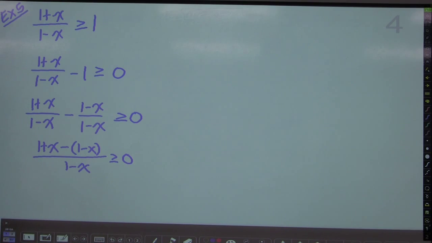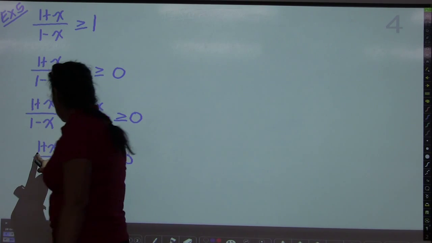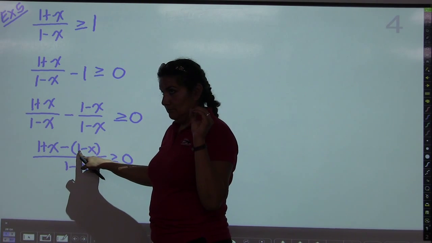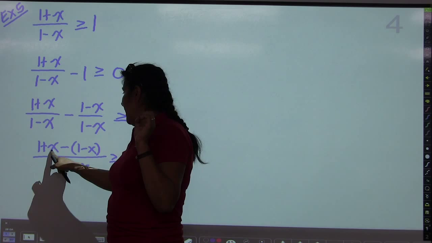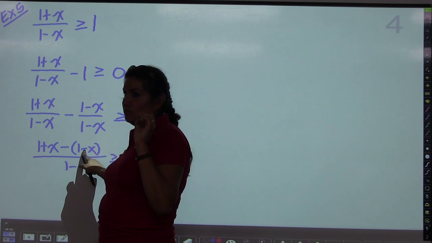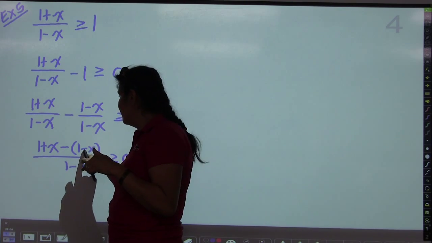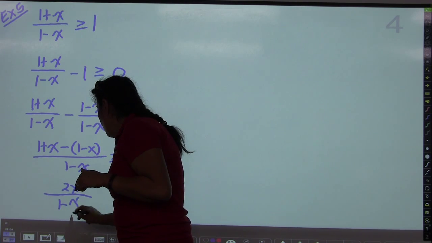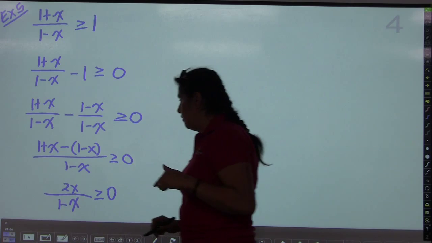So now when I simplify this, it's going to be 1 minus 1, which is 0, right? And then x minus negative x, which is actually x plus x. So 2x over 1 minus x greater than or equal to 0.